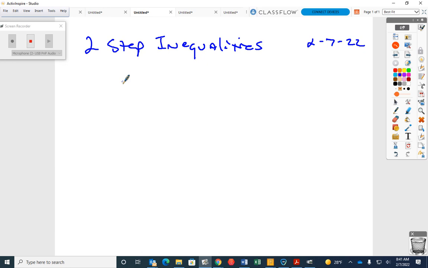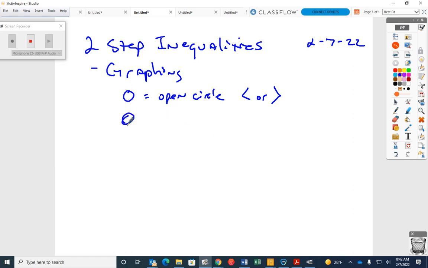When I graph inequalities on a number line, if I have an open circle, what do I use the open circle on? This or that? And what do I use a closed circle on? That in a line or that in a line?